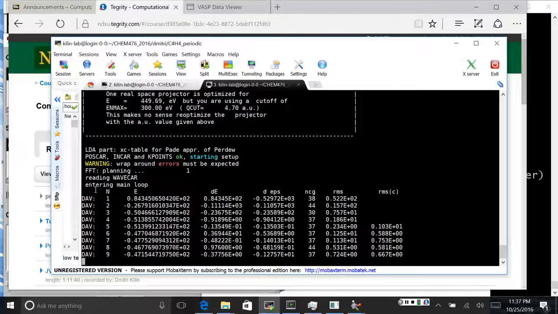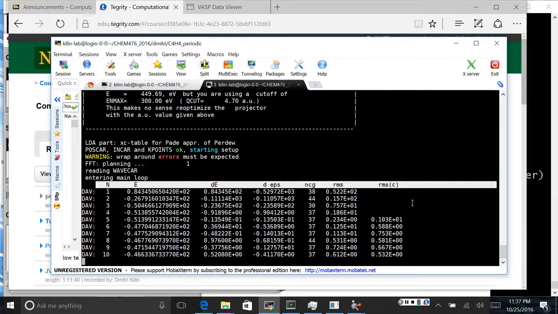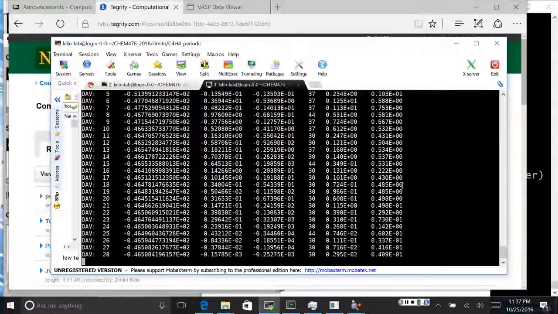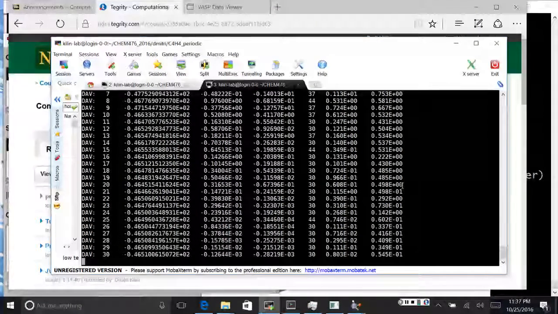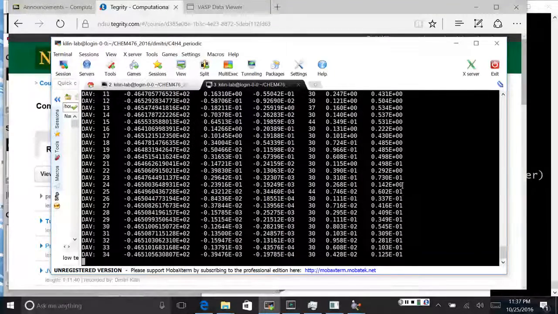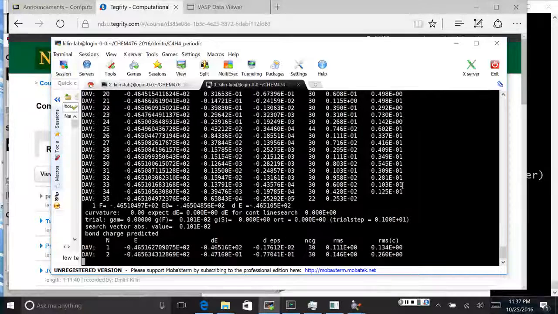Look at this line, which gives the type of this data. First is the number of the cycle, second is total energy, third is change in total energy, fourth is change of change. So it is an iterative self-consistent cycle for improving total density and total energy. And it will repeat until one arrives at a reasonable number.